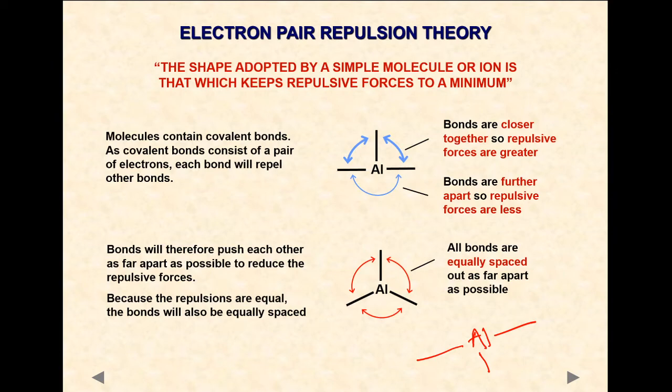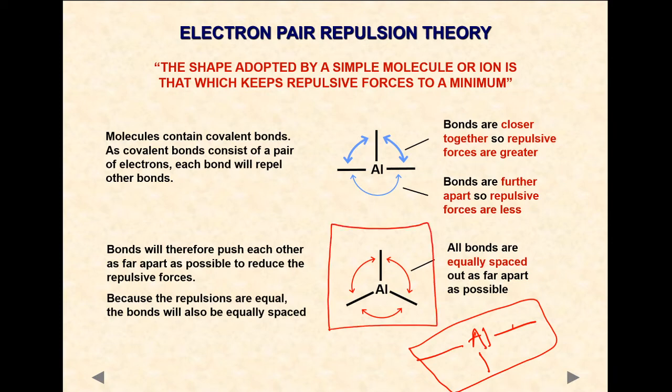Now you see, this looks like a T, but ideally, for these to be equally repelled, it will assume the shape that looks like this, which is normally called a trigonal planar. In a trigonal planar, the bond angles will be 120, 120, 120. So all the pairs are equally repelled, and in so doing, they assume a trigonal shape. It will not look like a T like this.